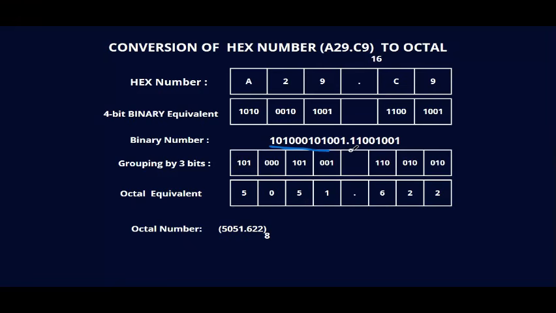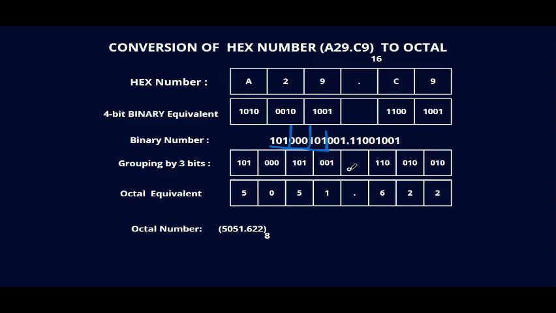So we start from the binary point here, and towards the left, we start dividing into groups of 3 like this. So we get the corresponding 3-bit representation like this: 101, 000, 101, and 001.